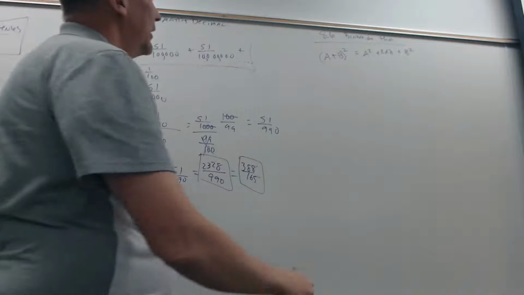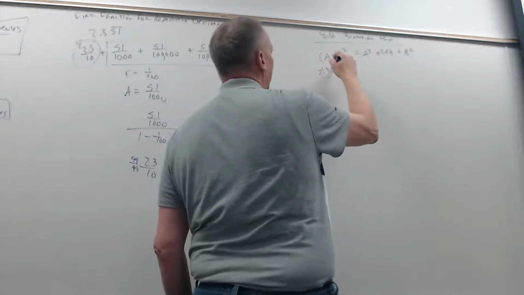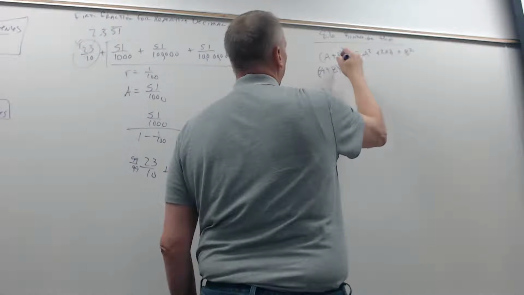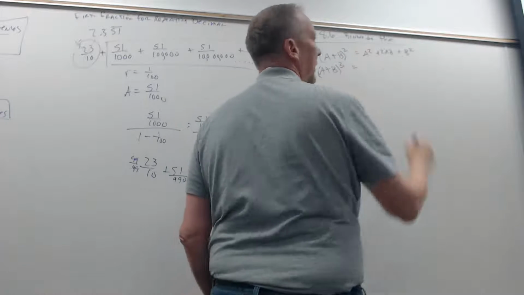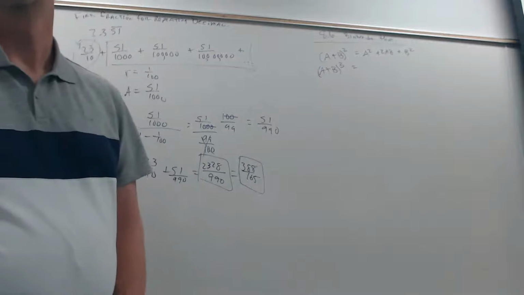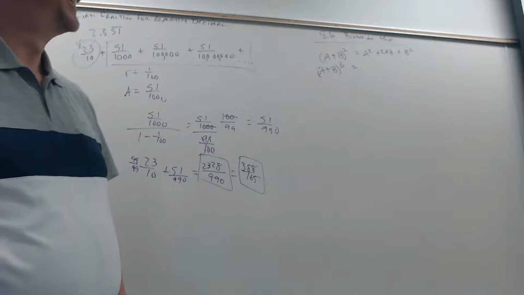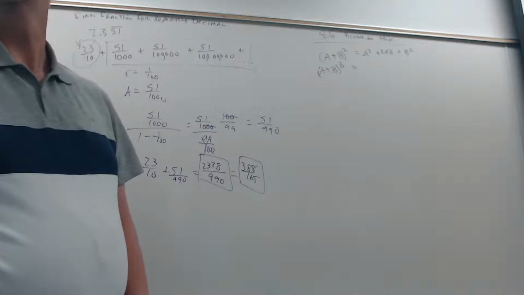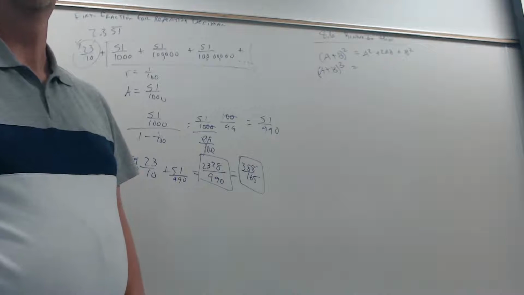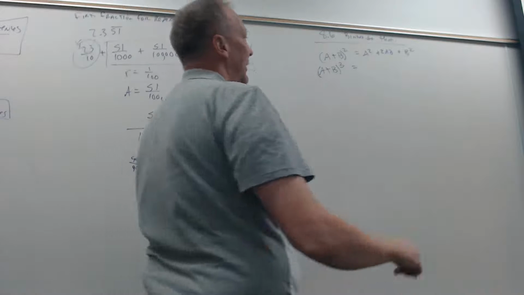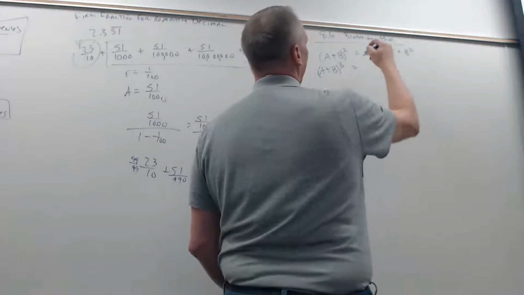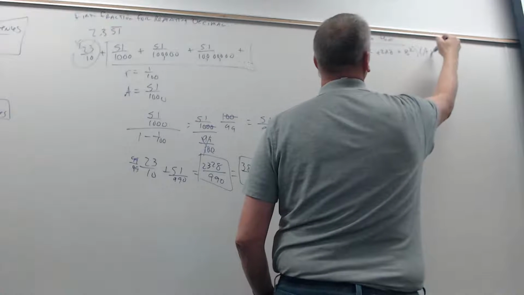Do you know what you would get if we did a plus b cubed? You'd get a lot more terms than that. Would you like a good way to figure this out? You could take this and multiply it by a plus b, right?